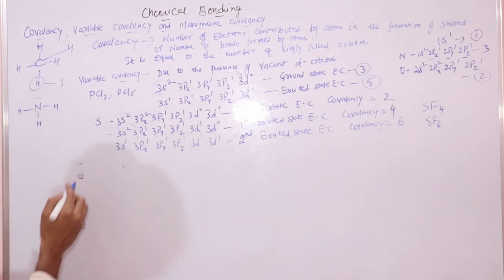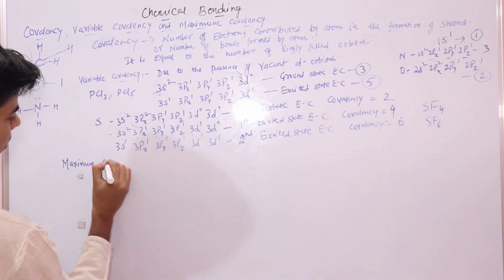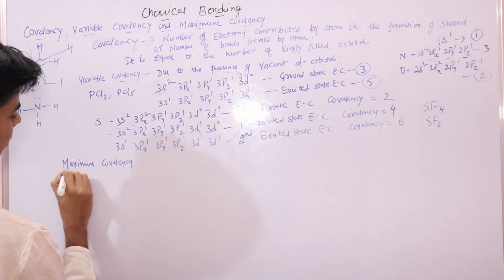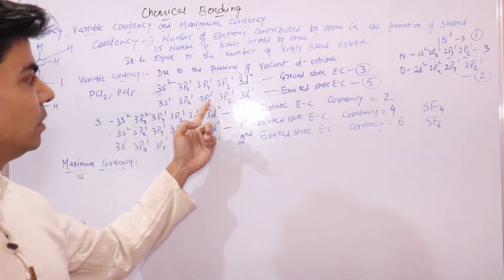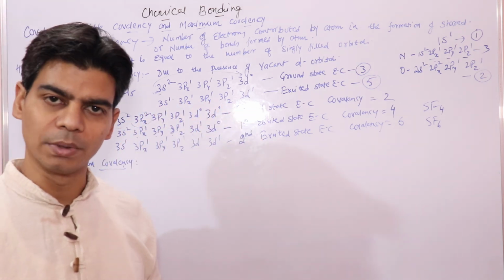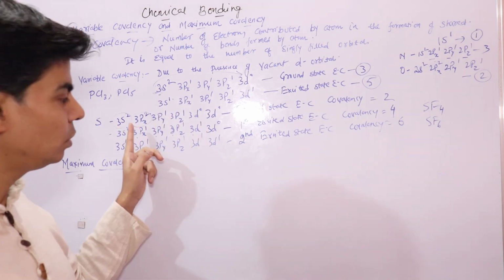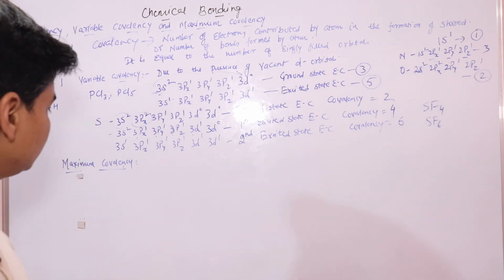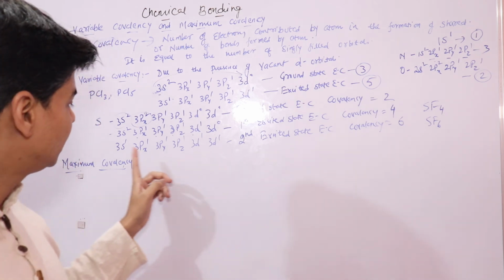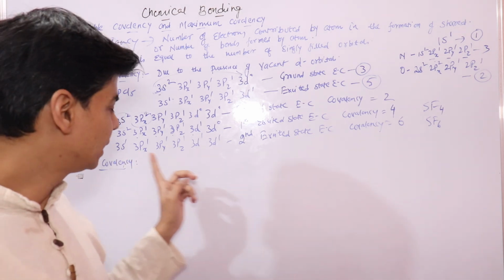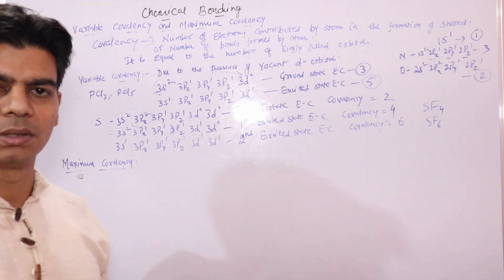And there is the third thing, which is your maximum covalency. Maximum covalency, if you look at phosphorus, is the maximum number of unpaired electrons that can be formed, right, by transferring all the s and p orbitals electrons to the vacant d orbitals. So maximum covalency represents the excited state configuration that has maximum half filled orbitals, right?